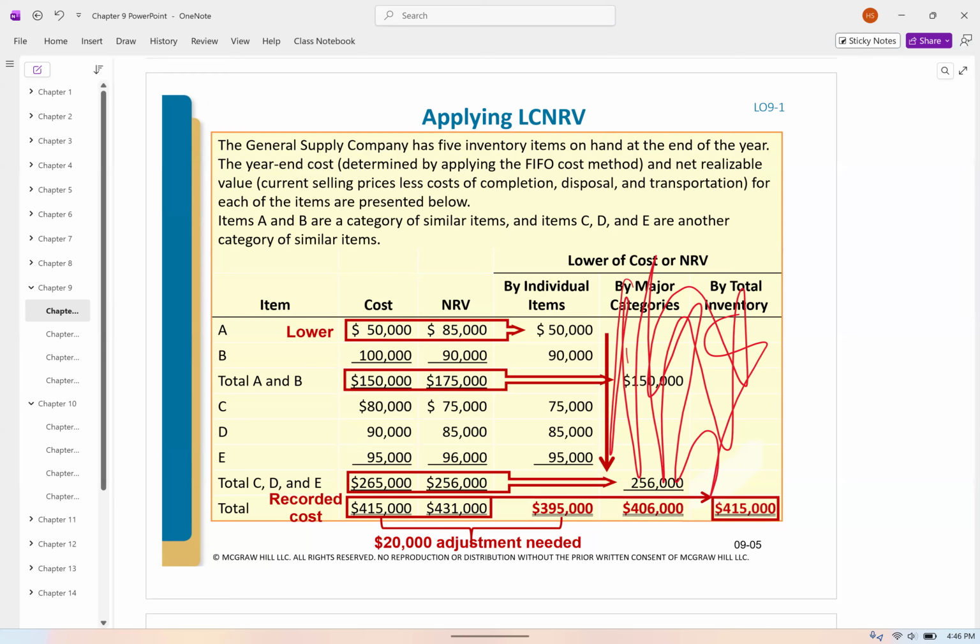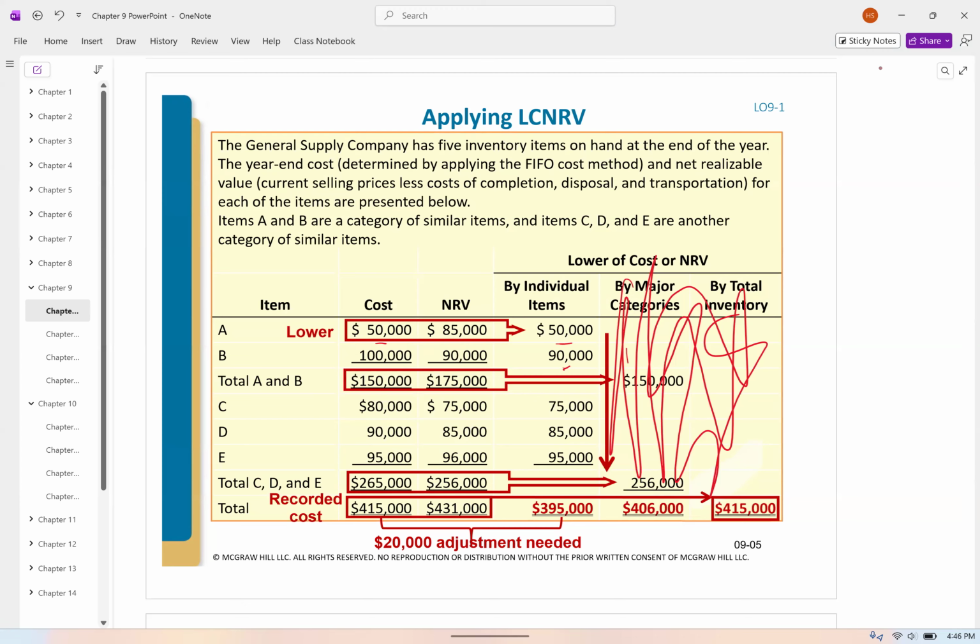Item B has a net realizable value of 90,000 and a cost of 100,000. So we're carrying it at too much value, because we're not going to get $100,000 for this. We hope we get 90,000 for it and we completely break even. So notice the smaller one goes in this column: 50,000 and then the 90.